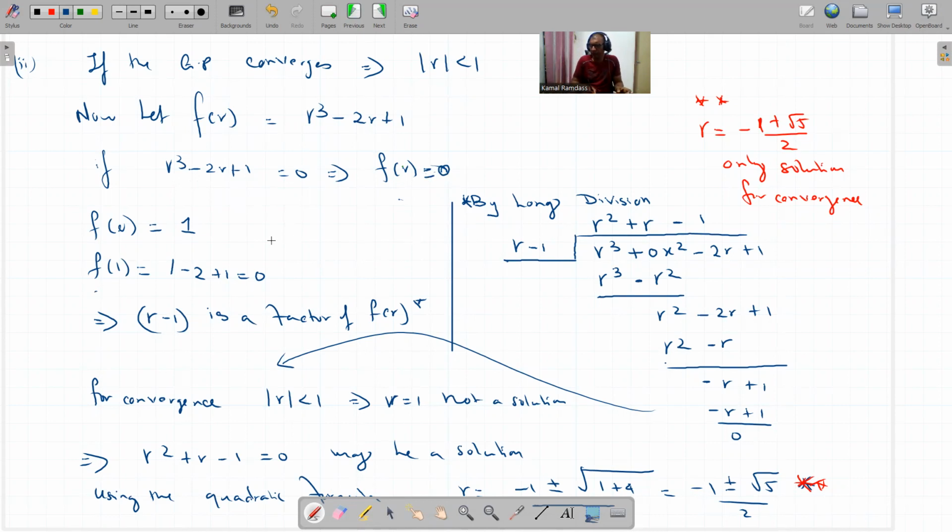We test f of 0, which is equal to 1, so R is not a factor. f of 1 is equal to 1 minus 2 plus 1, which is 0. That means R minus 1 is a factor of f of R.